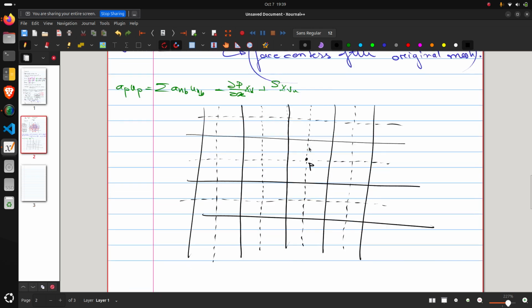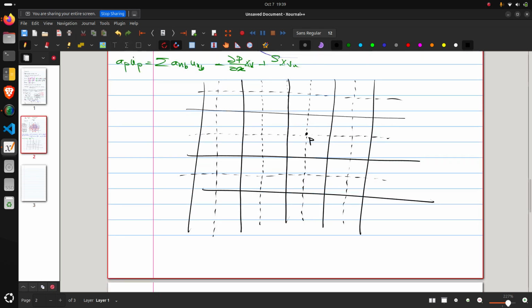We will follow that the cell centers, the non-staggered grid points, will be denoted by a solid dot. Let me just remove this solid dot, it will be confusing otherwise.